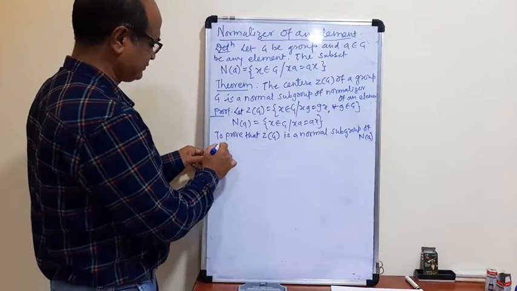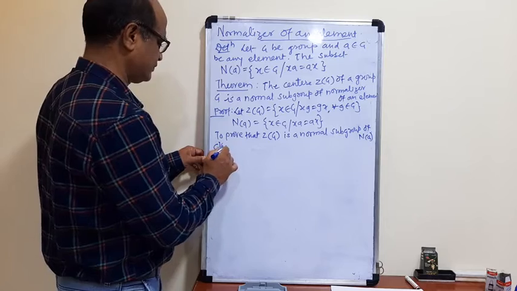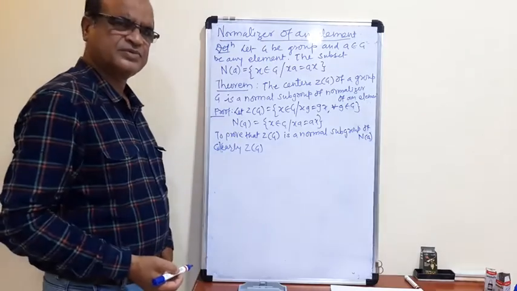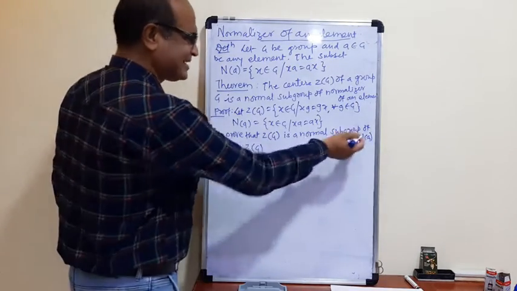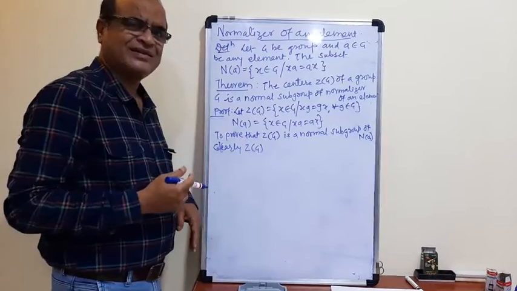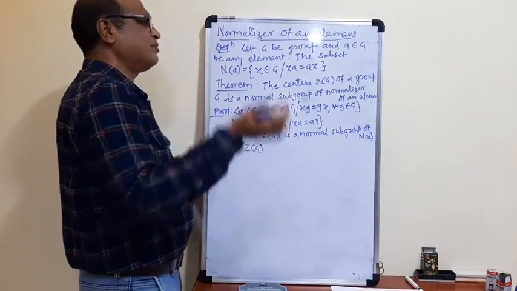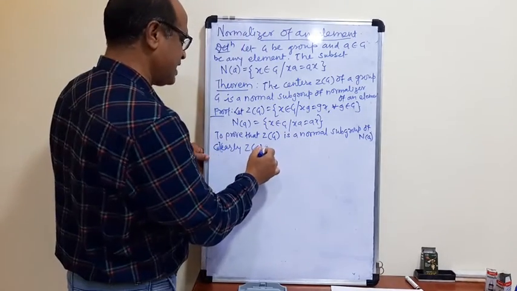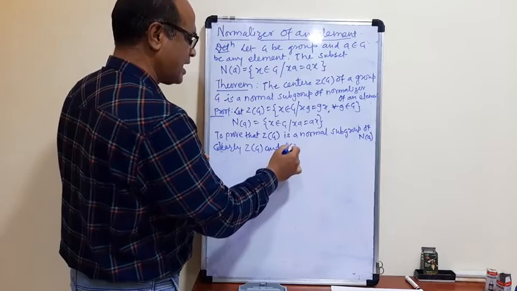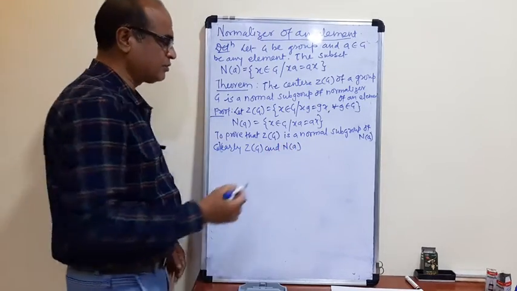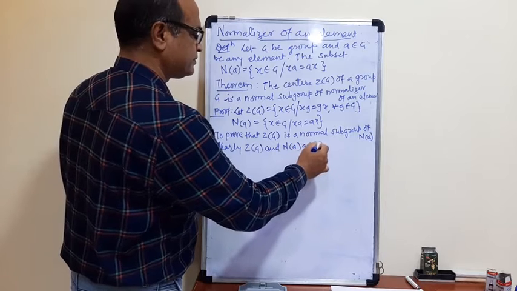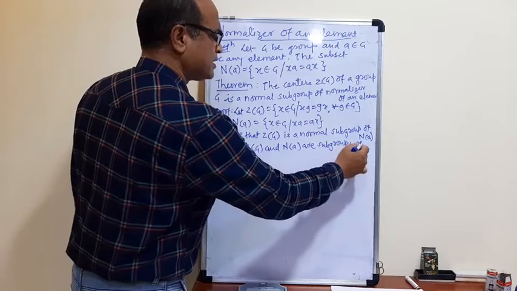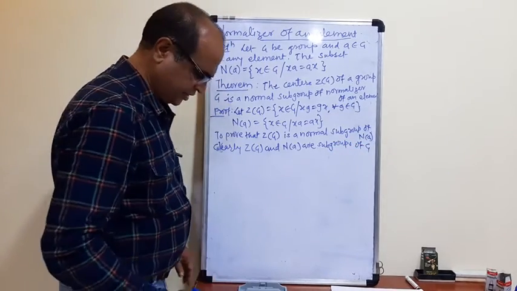Clearly, ZG and NA are sets, and clearly ZG is a subgroup of G and NA is also a subgroup of G. Clearly, ZG and NA are, no doubt, subgroups of the group G.